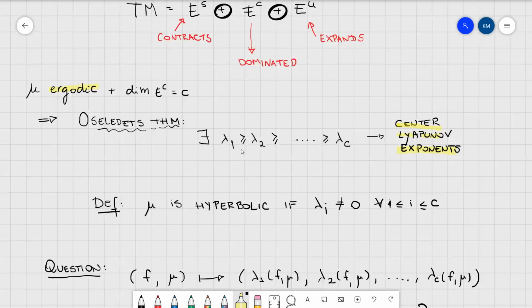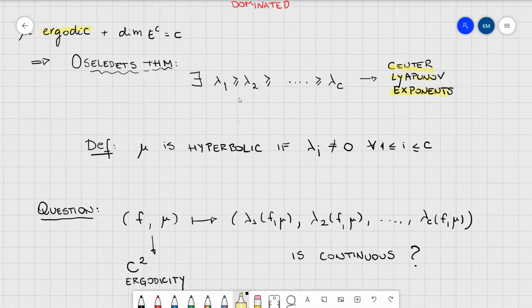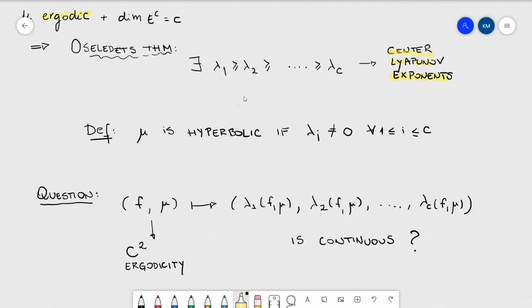So to be more precise, the question that I am interested in is this. I'm going to consider here a diffeo, and my diffeo is always partially hyperbolic. I'm always taking it C2. I'm perturbing in the C2 topology, and my measures are always ergodic. And I want to know how these numbers are changing when I perturb my diffeo and my measure. In a very good situation, this should be a continuous function.